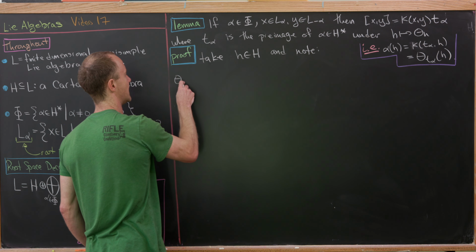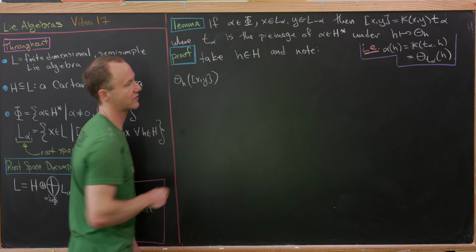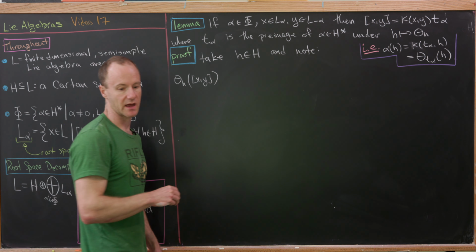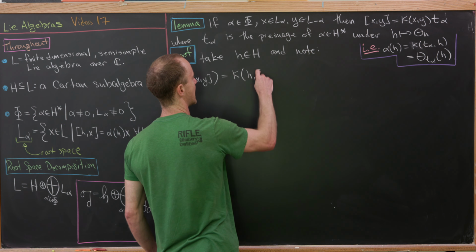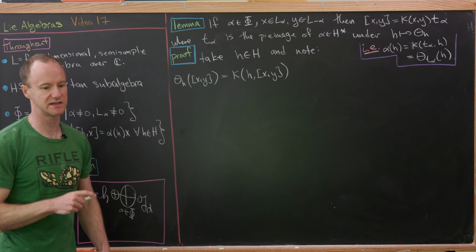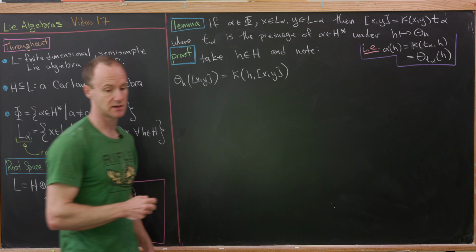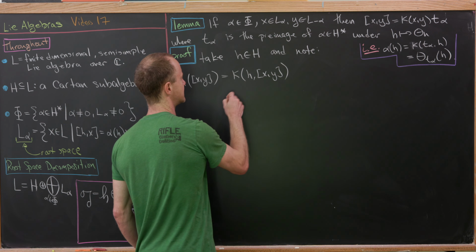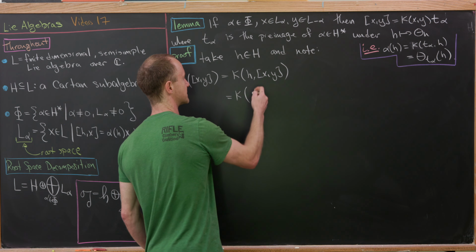We're going to go theta sub H of the bracket of x with y. And, well, let's observe that by definition, that's kappa of H with the bracket of x, y, that killing form. That's how this theta map is defined. But then let's do this thing that we've used a couple of times already and bring this bracket over.